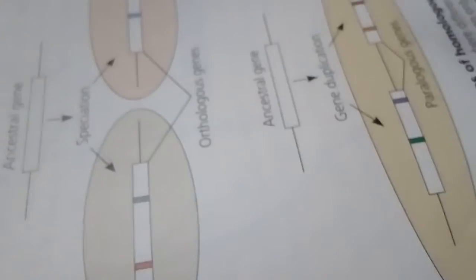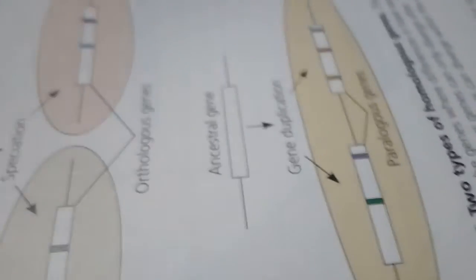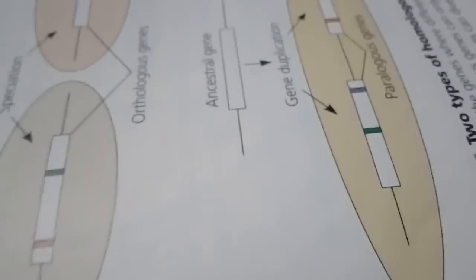Note that orthologous genes can only diverge after speciation has taken place, with the result that the genes are found in separate gene pools. For example, humans and mice each have one functioning beta globin gene. These genes serve similar functions, but their sequences have diverged since the time that humans and mice had a common ancestor.